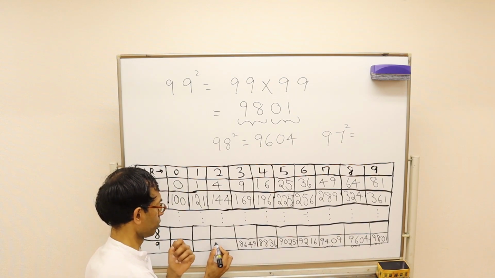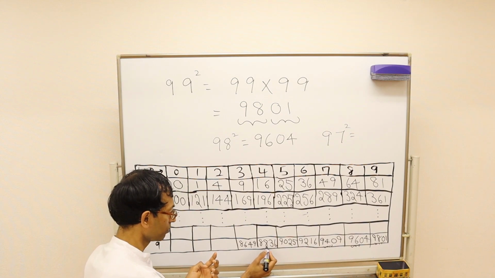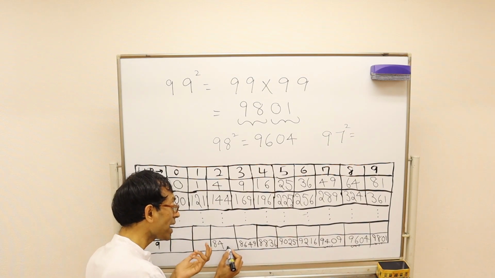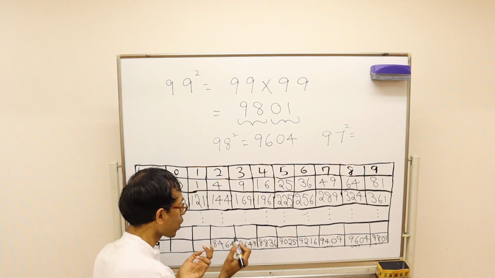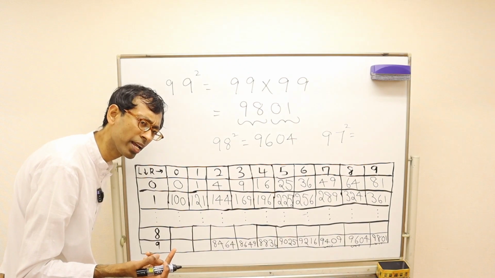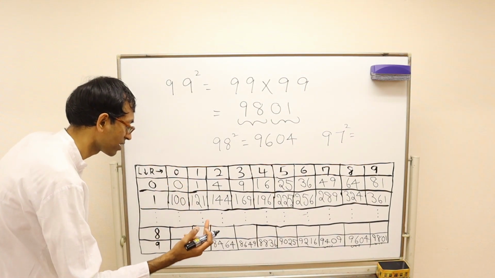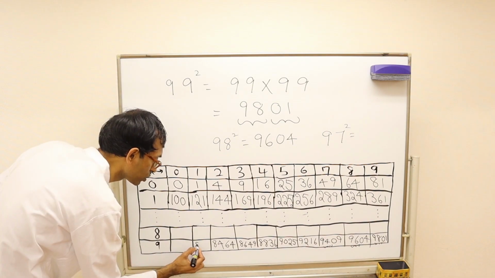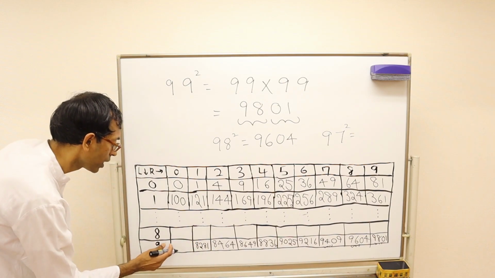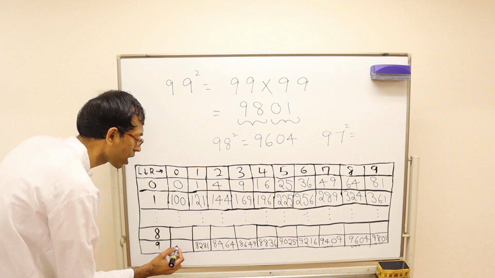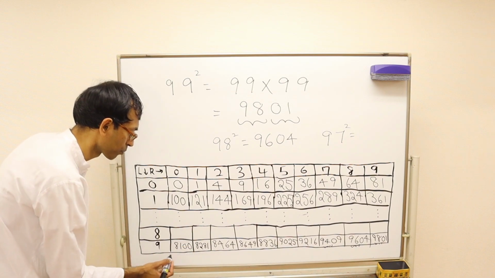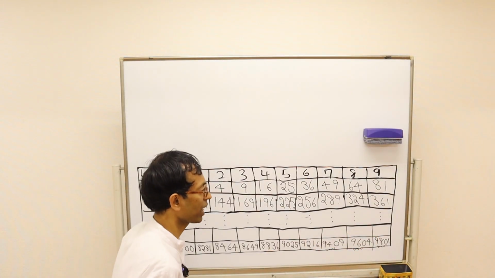Even if you don't do anything here, after 88, 86, it will be 84, and 7 square here will be 8 square, which is 64. 91 squared, so the proximity is 9, so 91 minus 9 is 82, and then 9 times 9 is 81. Here it's a square of 90. 90 times 90 is 8100. We can continue this row, okay?